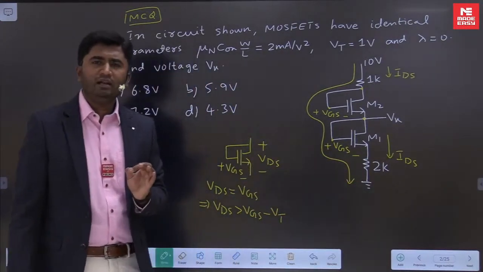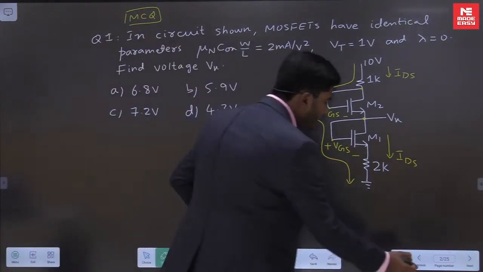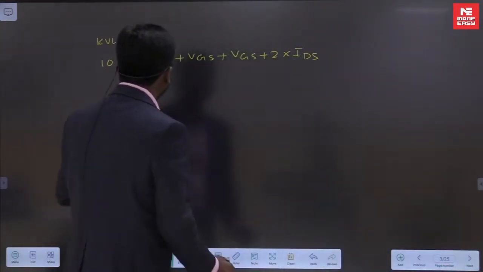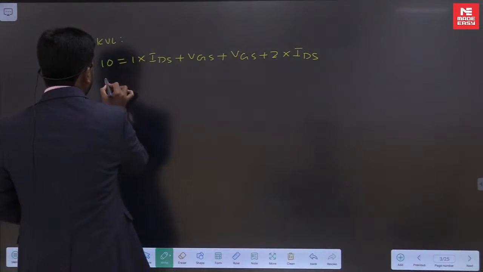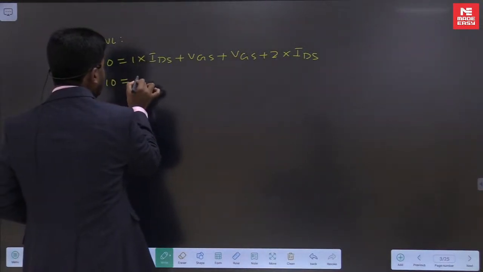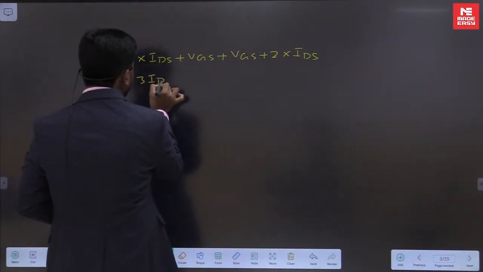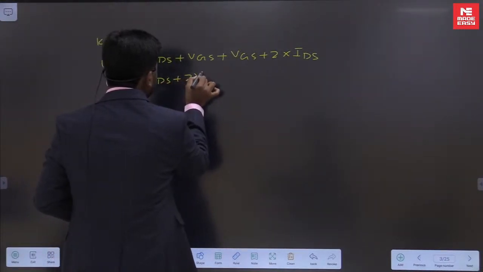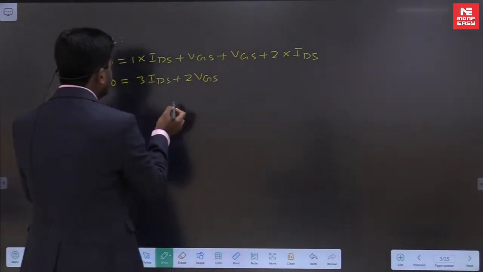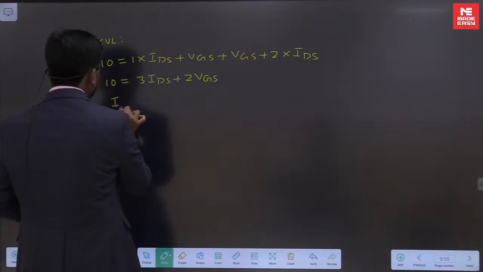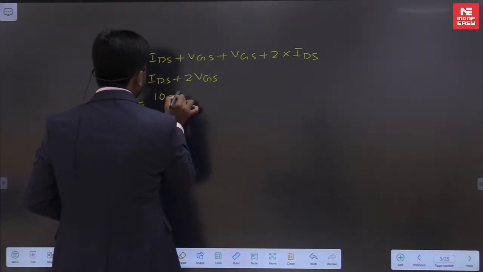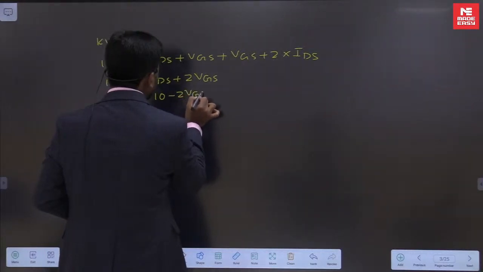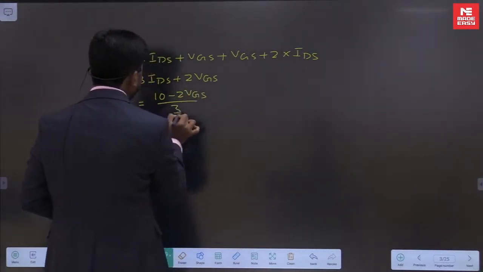Now from this KVL, I can get a relation between drain current and VGS. If you rearrange, you will get 10 is equal to 3 IDS plus 2 VGS. Rearranging, it becomes IDS equal to 10 minus 2 VGS divided by 3.